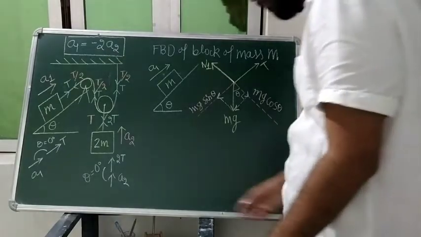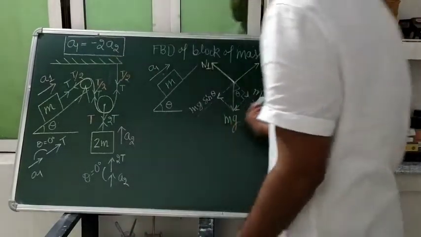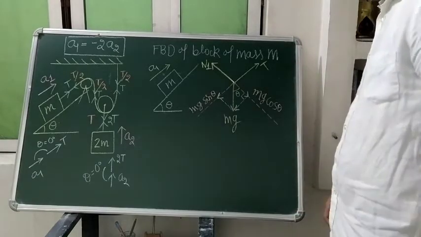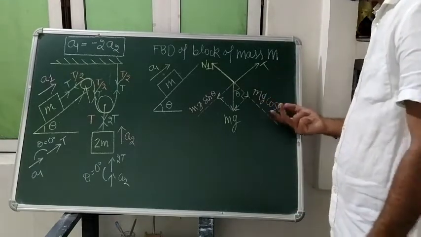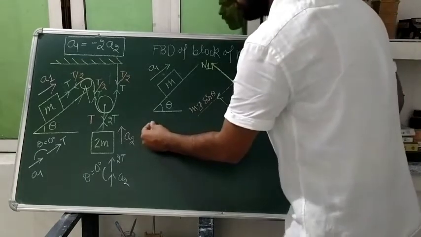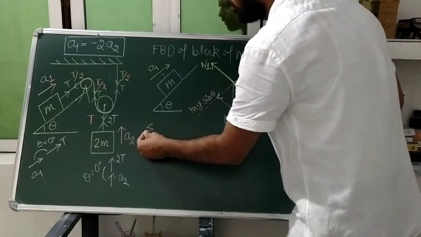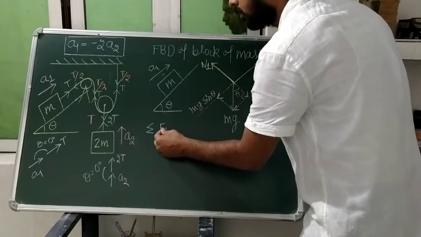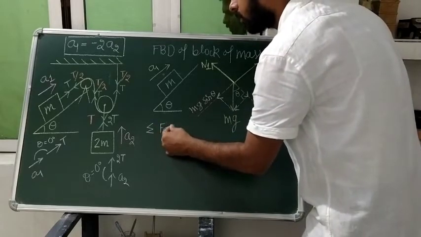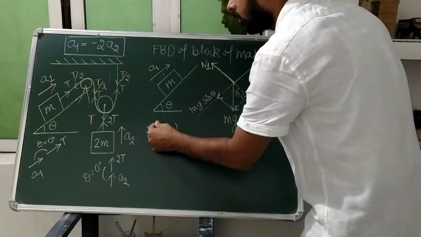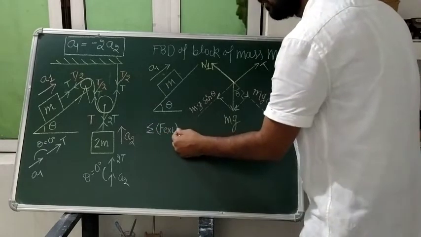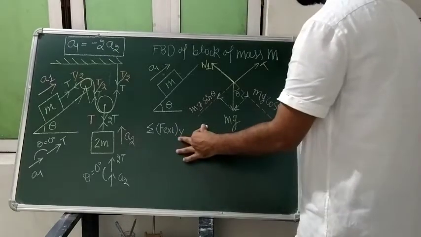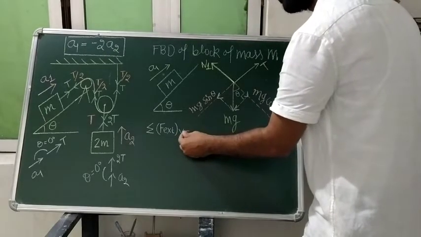Of course, after drawing the free body diagram, what will we do, student? We will apply Newton's second law here. So Newton's second law will tell us that the vector sum of the external forces acting, suppose first I am selecting in y direction, should be equal to what?